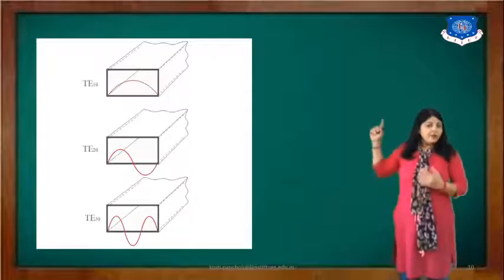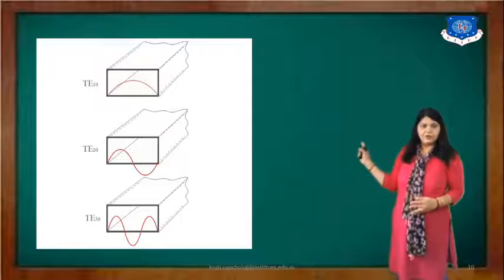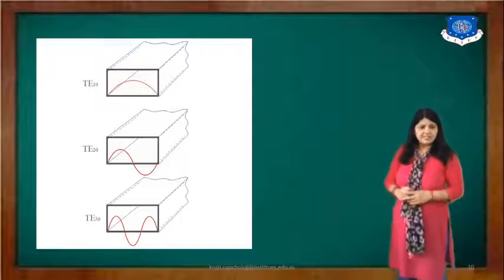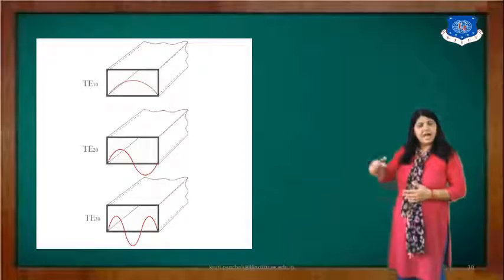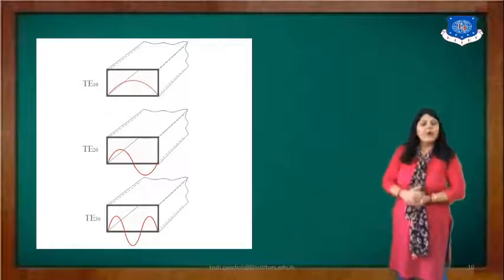Now here is the one by one diagram of each mode. In the first mode, you can see our wide dimension B and the narrow dimension A. TE10: you can see the half variation in the wide dimension.